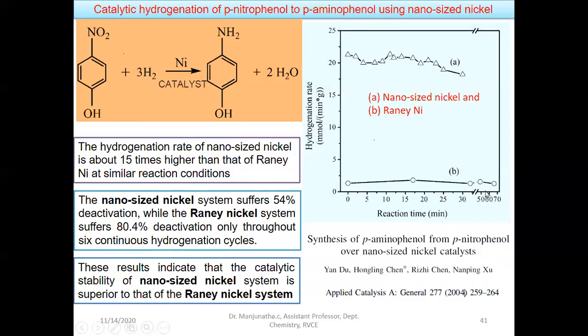The other one is for Raney nickel, which means bulk nickel. The rate of the reaction is very, very low. However, with nano-sized nickel, the rate is about 15 times faster. So from these results, we can say that nanomaterials exhibit very good catalytic efficiency compared to their bulk counterparts.